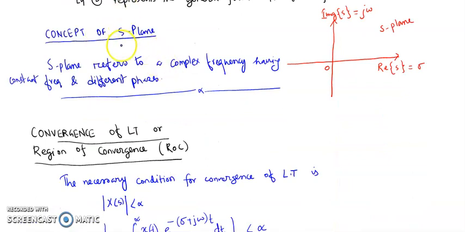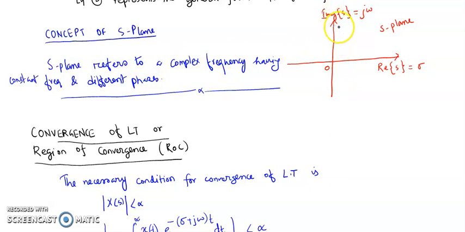The concept of S-plane. We're saying it is a plane because this consists of two directions or dimensions, you can say. So s is equal to sigma plus jω. Sigma is a constant and a real number, so it is plotted on the real x-axis, sigma, and the jω is plotted on the imaginary y-axis.